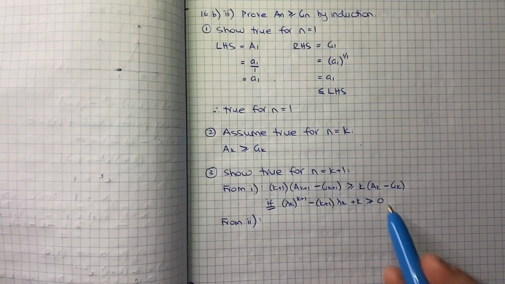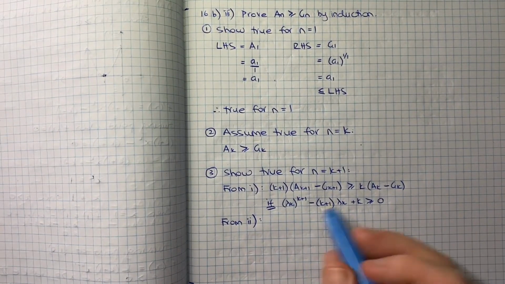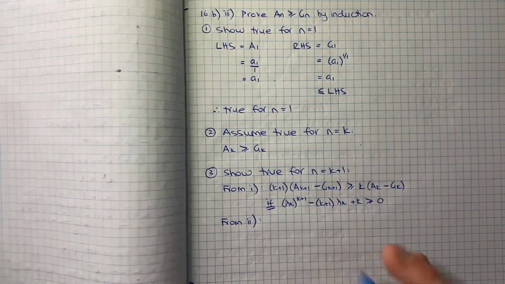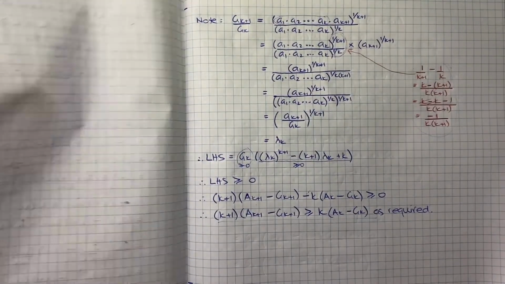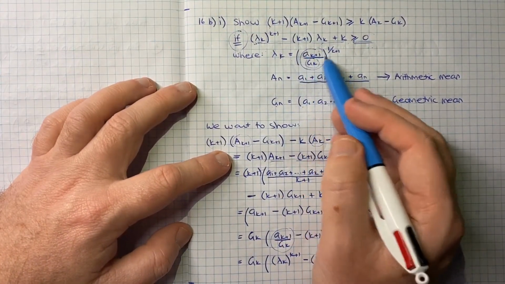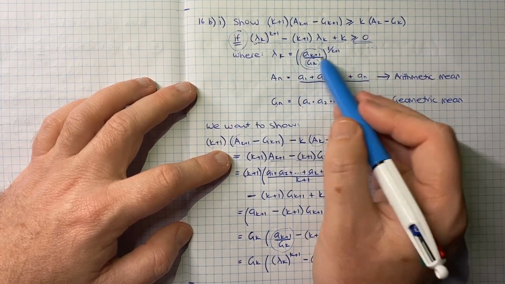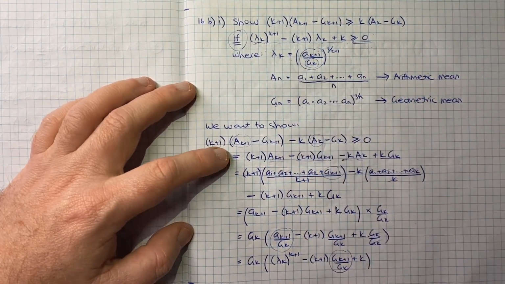It's so that we could say this condition is going to be true for lambda_k positive, and the way lambda_k is defined, it will be positive because we've got the a's, which we were told right at the beginning are positive numbers, and then the geometric mean is going to be positive, so lambda_k is going to be positive.